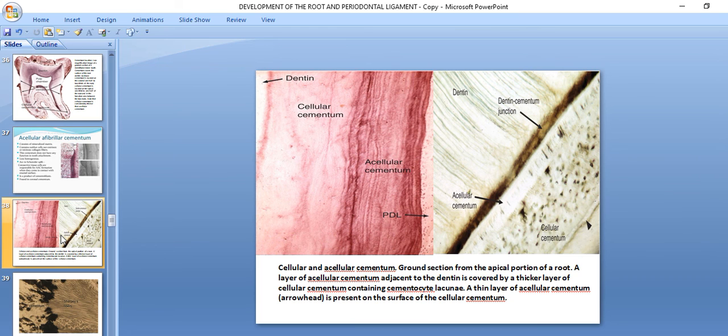The cells that bring this about are cementoblasts, which cannot be distinguished morphologically from fibroblasts. The short collagen fibrils lie perpendicular to the root surface, their ends extending into the still non-calcified dentine matrix. Later, when they grow longer and anchor the tooth in the bone, they become periodontal ligament fibers that traverse the periodontal ligament space.